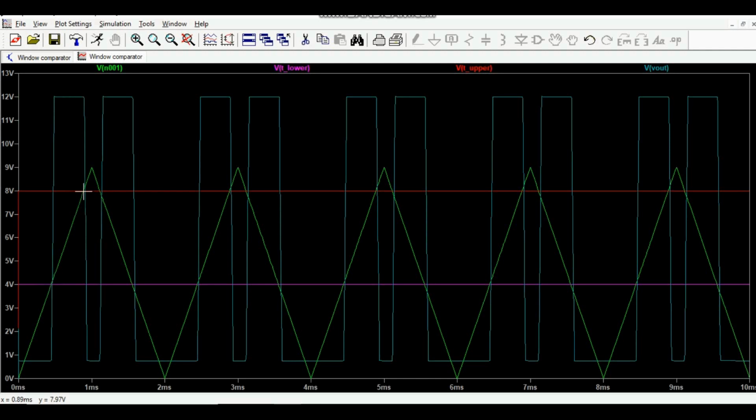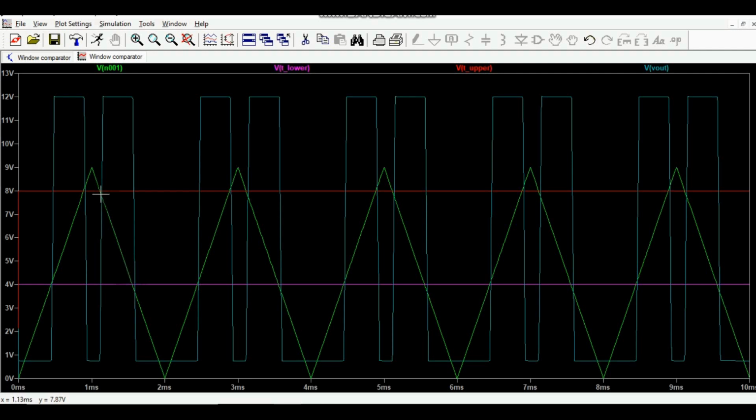Now once your input signal exceeds the upper threshold, you can see here your input signal is exceeding the upper threshold, at that point of time your output is low or 0.7 volt. Now again your input signal is less than the upper threshold but greater than the lower threshold.